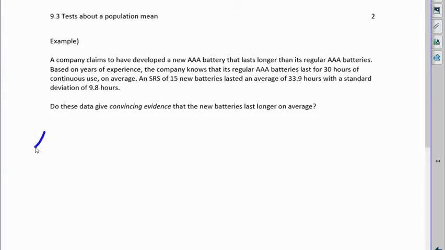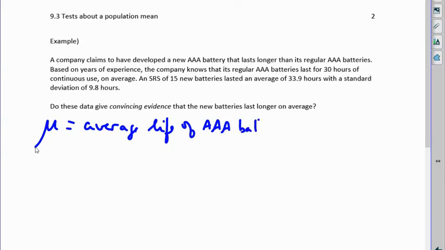So this is a situation of means where mu is going to be the average life of the AAA batteries in hours. And right now, we think that 30 hours is what the old style batteries did.